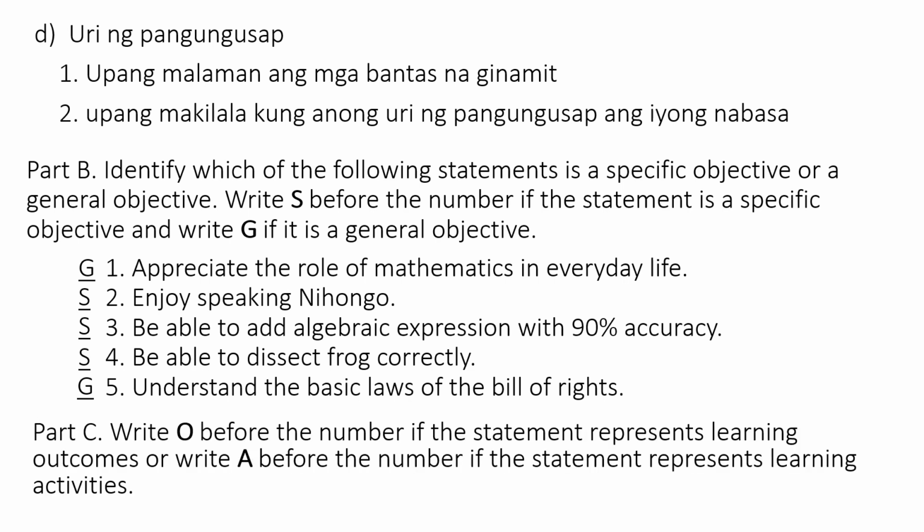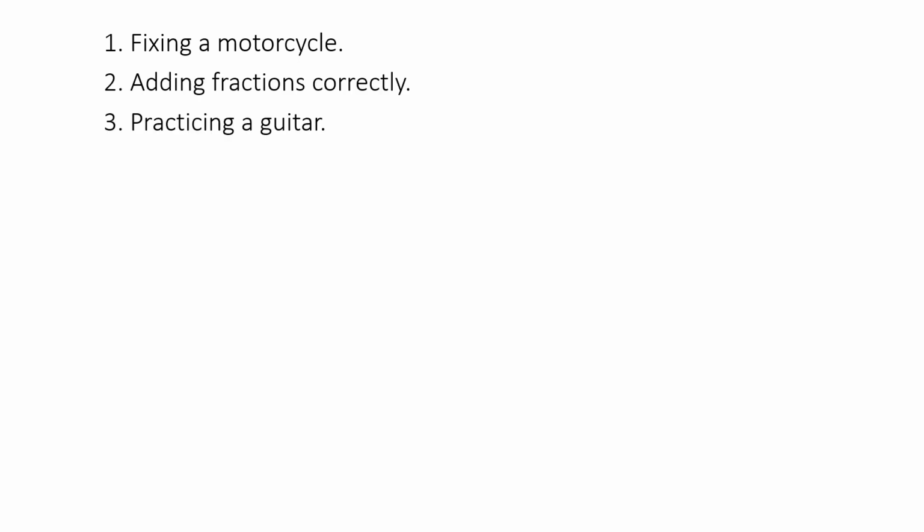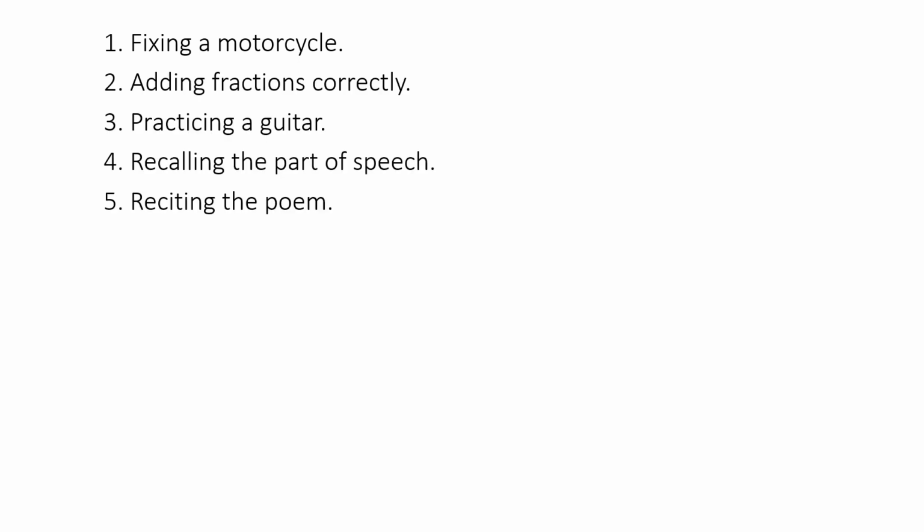In part C, write O before the number if the statement represents learning outcomes, or write A before the number if the statement represents learning activity. Here are the questions. First, fixing a motorcycle. My answer here is O, learning outcomes. It is a learning outcome because you already know how to fix a motorcycle.